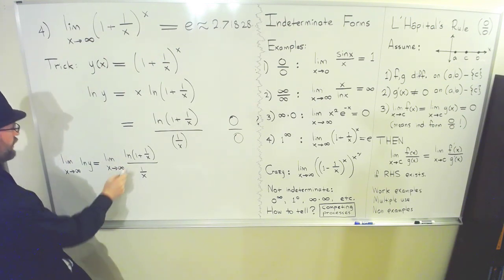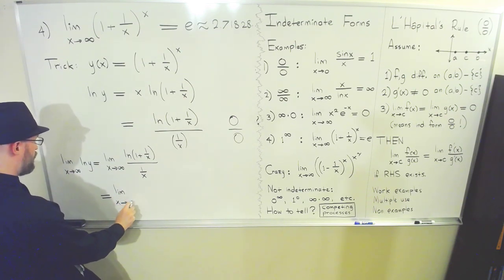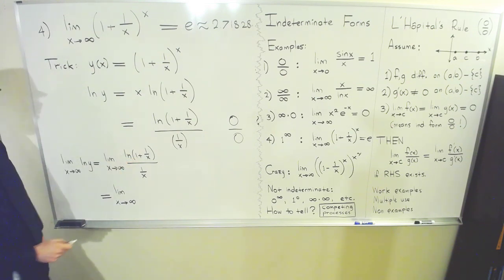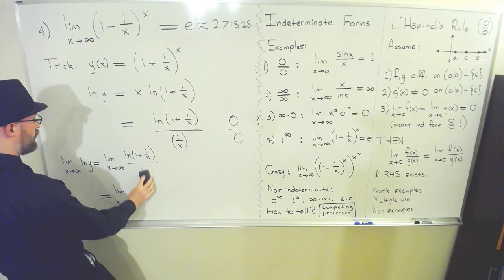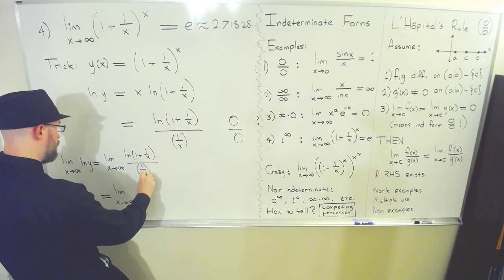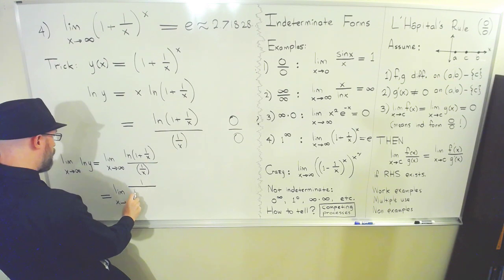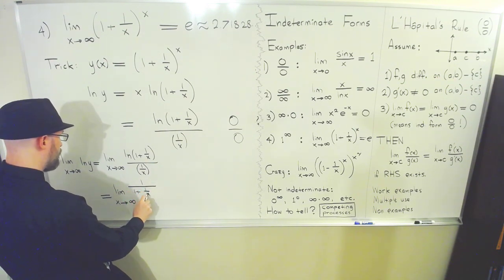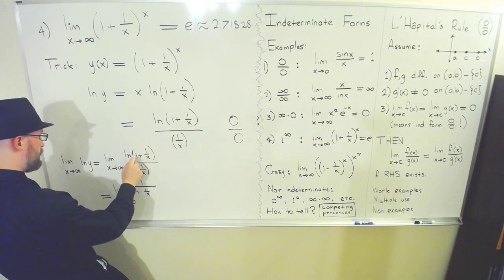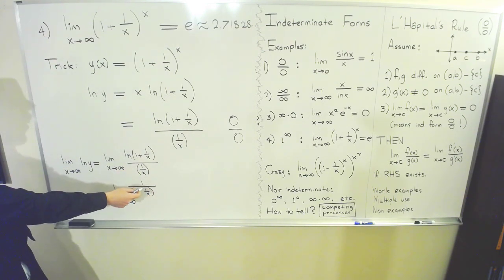If I differentiate the numerator here, this is going to look a little messy, so don't get upset, but I have to apply the chain rule. I have ln of something, so when I apply the chain rule, I get 1 over this whole thing, 1 plus 1 over x. That's this whole thing inside here. Notice I haven't done anything with the denominator yet.